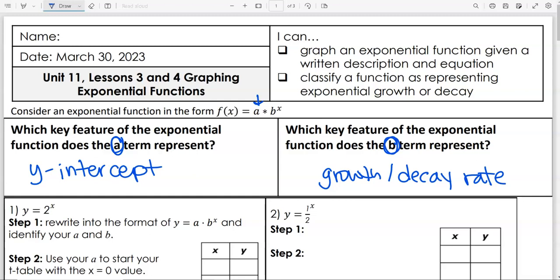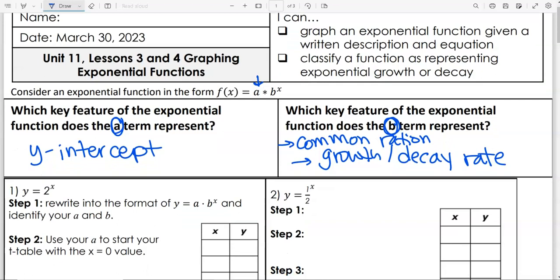So it's like a common ratio. It's what we're multiplying by to move forward. Slope makes you think it's the same thing each time. It's not. It's going to gradually get bigger or gradually get smaller. I'm going to put common ratio up here also. It's a common ratio, and it's also our growth and decay rate from yesterday.